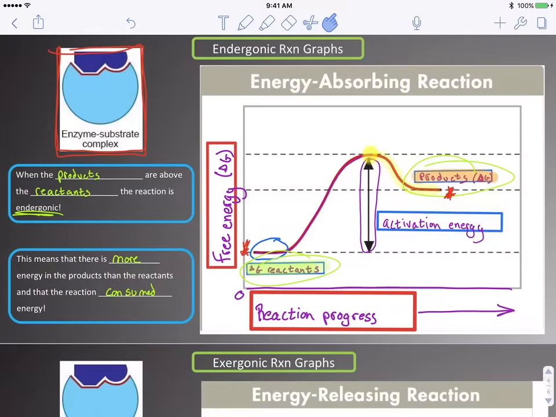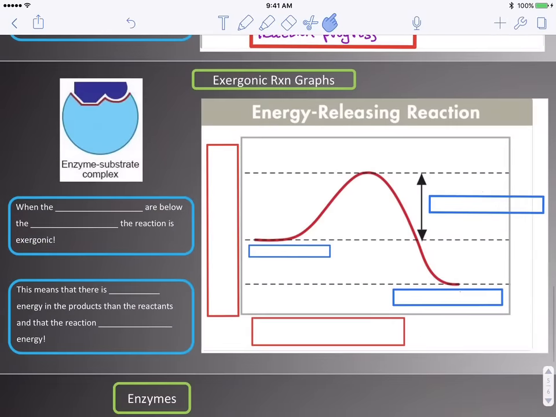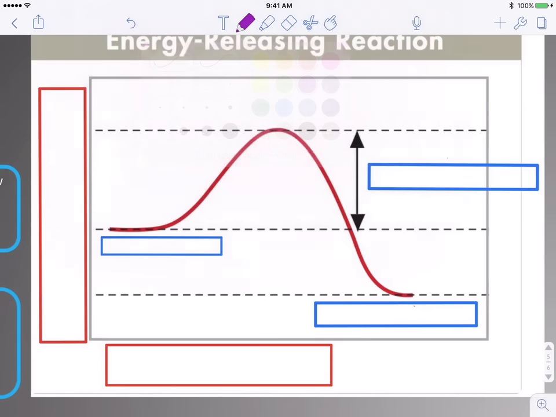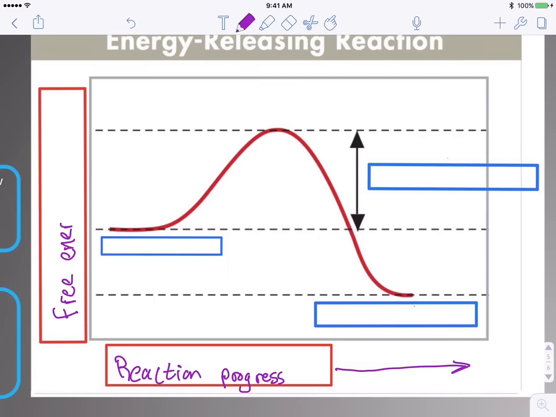Now, our exergonic reactions are just the opposite of this. So our graph is going to be labeled the same, in that you have reaction progress going forward that way, and you have free energy up there.